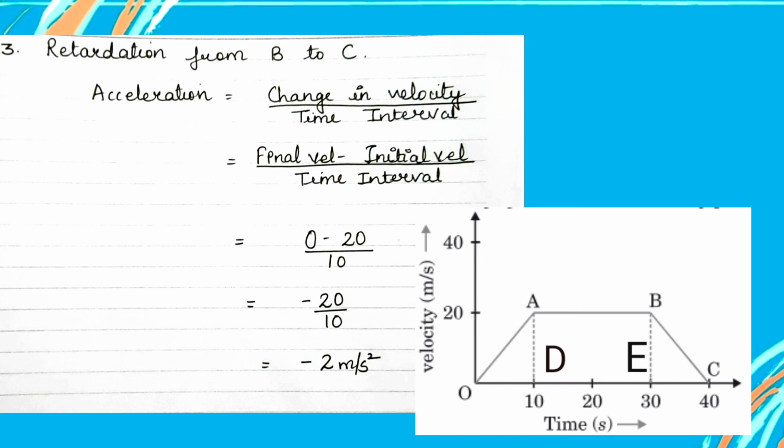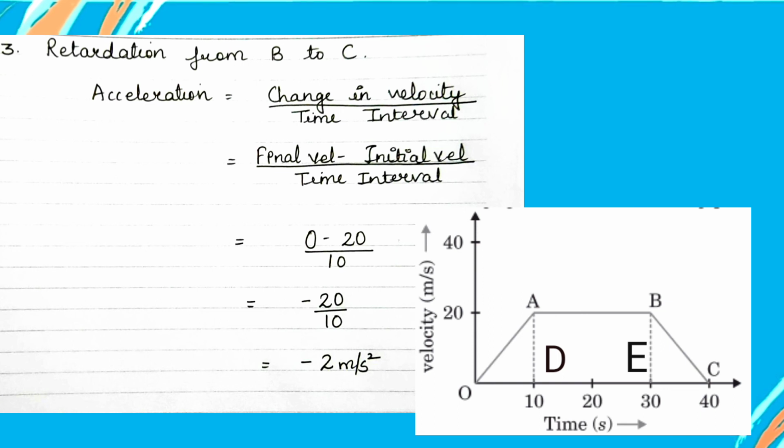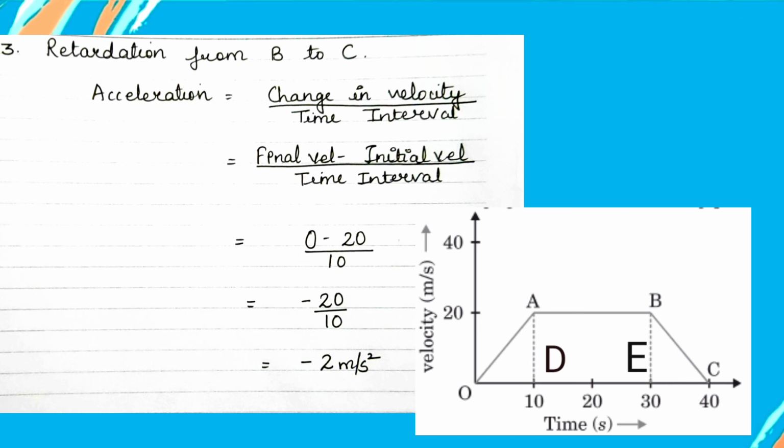What is the final velocity? 0. Here you can observe it is on the 0. After substituting the values, again the time interval is 10 seconds, we get 0 minus 20 upon 10, which is equal to minus 2 meter per second square. So what is retardation? It is minus 2 meter per second square.